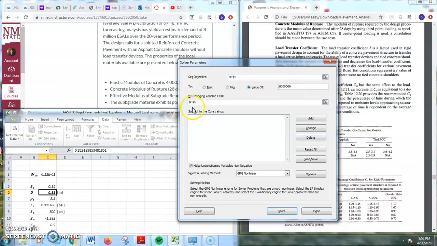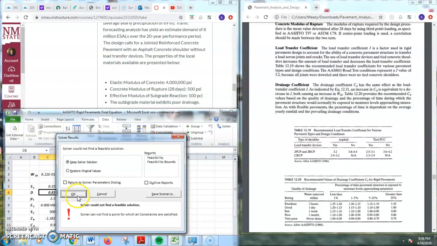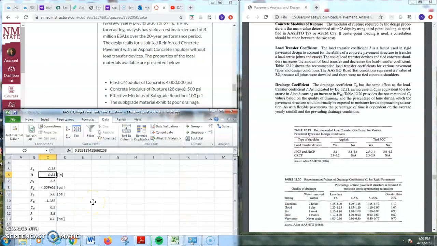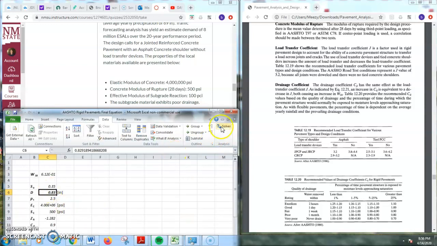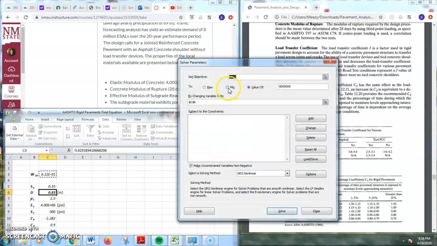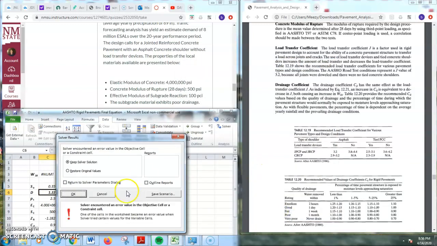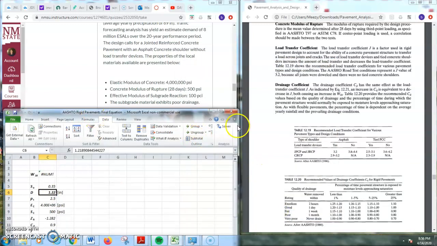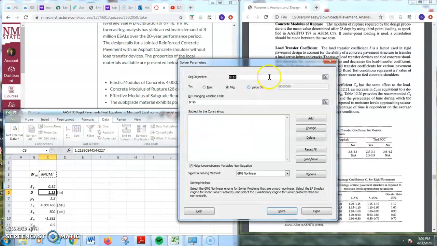So that's at 8 million. C6, C3, set objective of 8 million. I had this problem earlier, so what I did to fix it was just change this, try it, it's not going to work, go back, solve it.